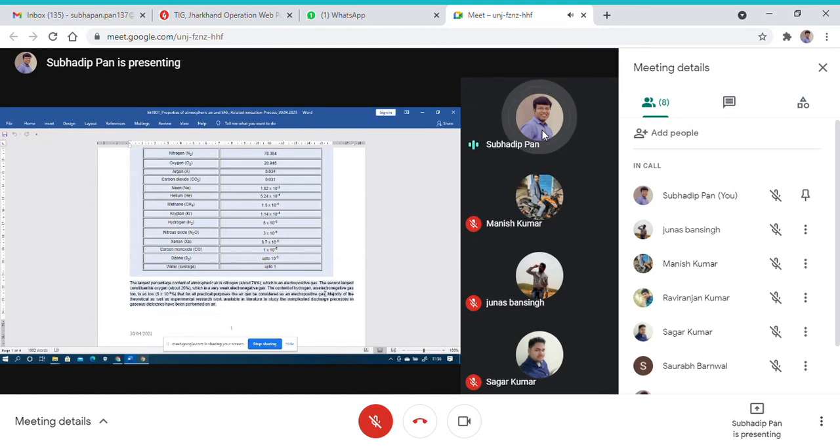Suppose N2 is an electropositive gas, oxygen is an electronegative gas, and hydrogen is also an electronegative gas. These are all available inside the air.